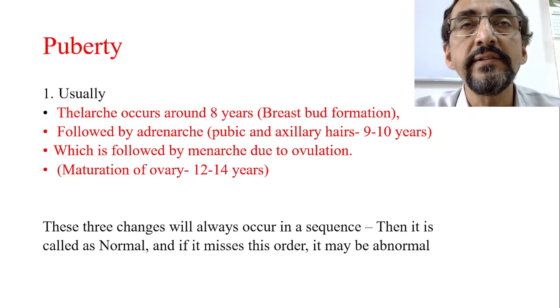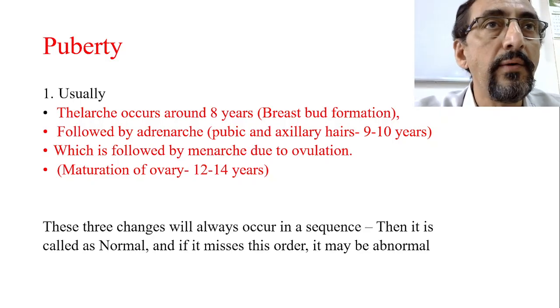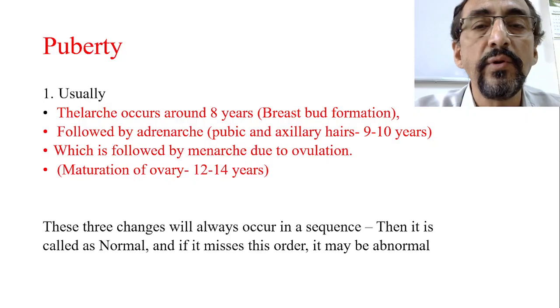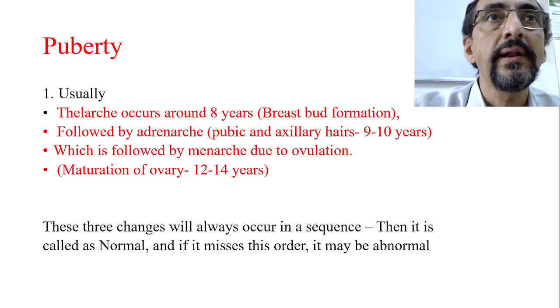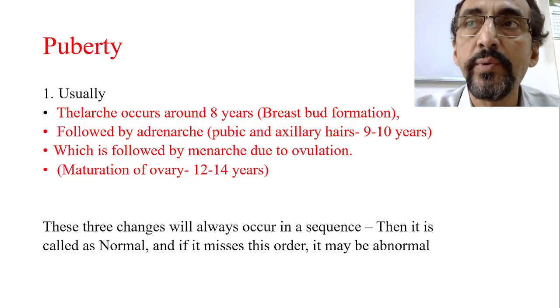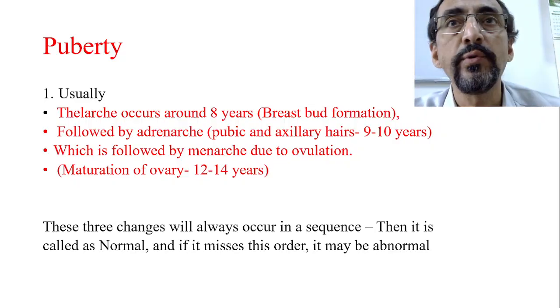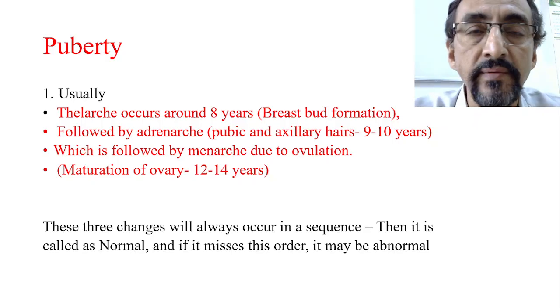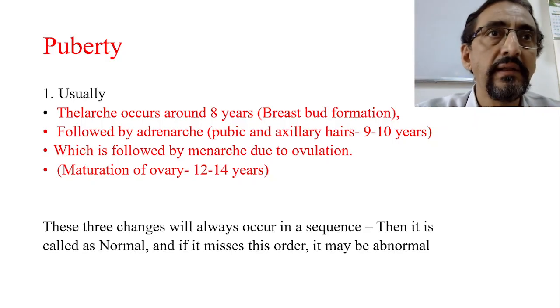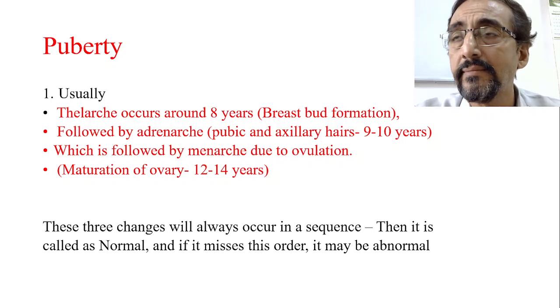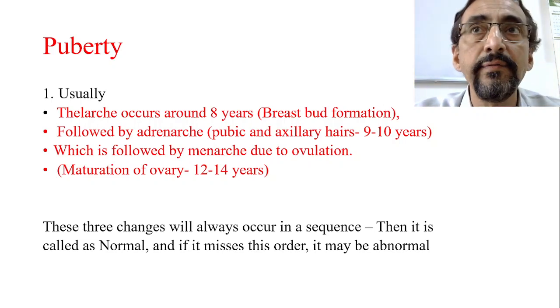Now after 12 years, the female child will have menarche, and usually the range is 12 to 14 years. Menarche indicates that the ovary is now stimulated. The ovary is now active and ready to produce estrogen, progesterone and all those things. So these are the different phases of puberty as observed in female kids.